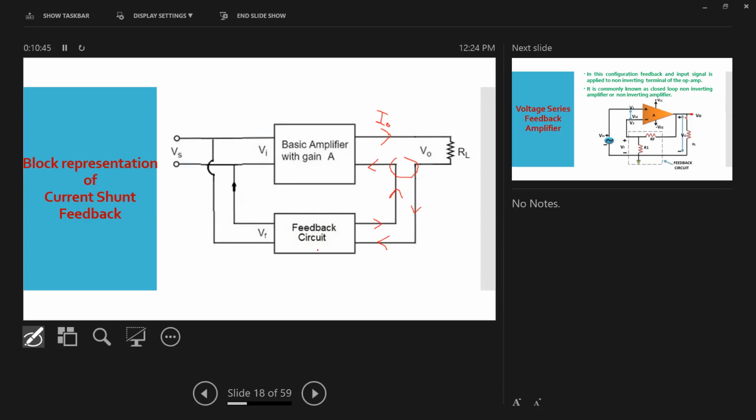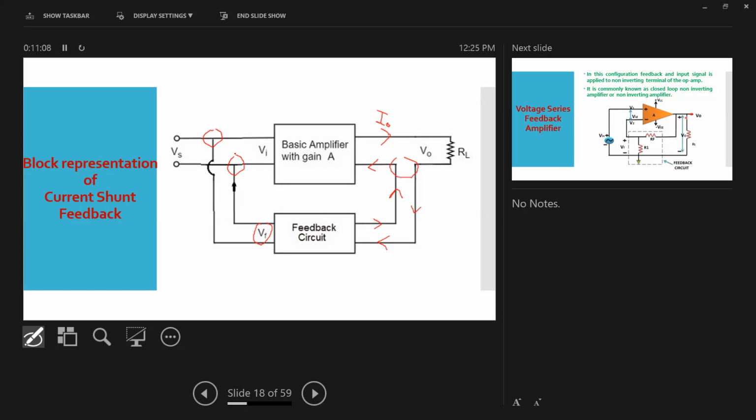From that feedback circuit, the voltage VF is generated, which will be proportional to your I0. But in the case of shunt connection, that voltage VF will be connected in parallel. So wherever your supply voltage connection is, parallel to that your feedback voltage will also be connected.